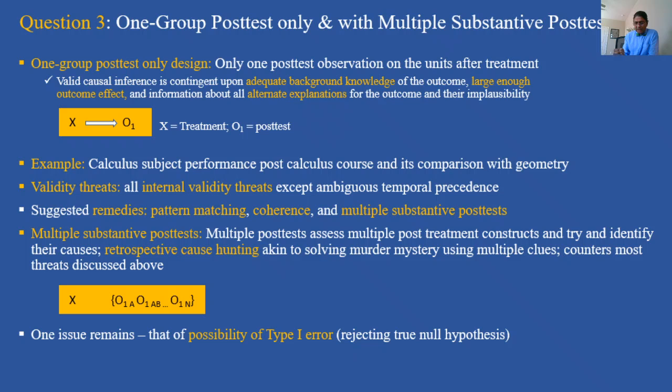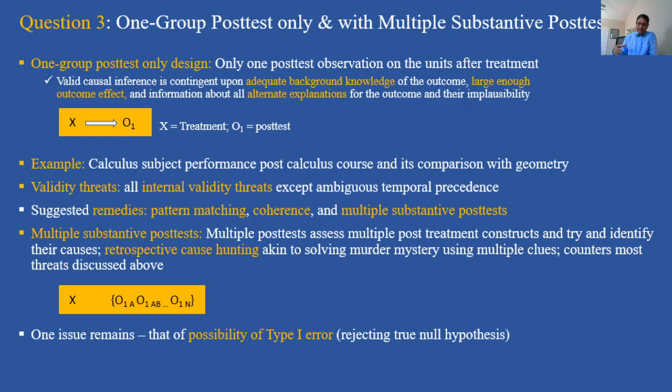Now, using multiple substantive post tests, can these validity threats be reduced? Let's see. Multiple substantive post tests work retrospectively as against a typical prospective quasi-experimental design approach.